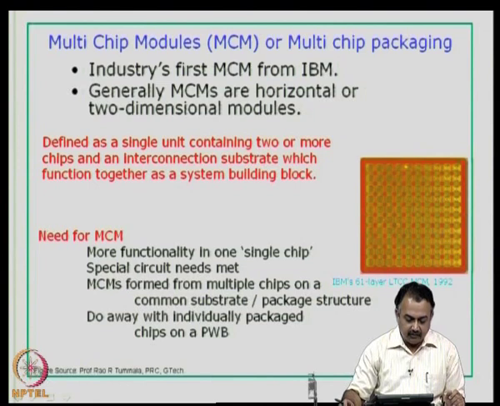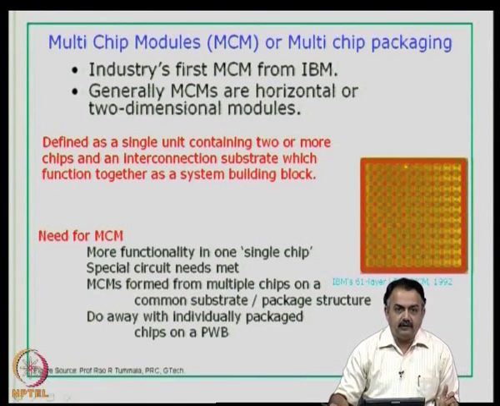So, the definition for MCM can be a single unit containing 2 or more dies or chips and an interconnection substrate which will function together as a system building block. The substrate can be organic, it can be ceramic too.